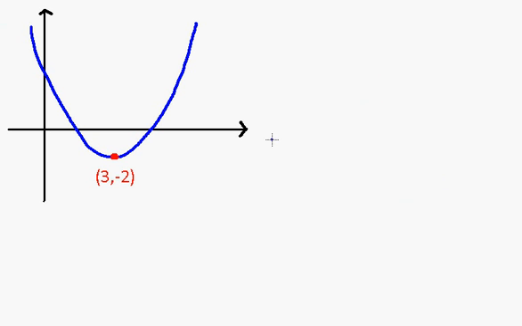So if I move on to the second one here, my second example, we're going to do exactly the same thing. We've got that y is equal to x squared has been translated. Okay, so it's been moved. And now I'm going to replace the y with y plus 2, because it has been moved to 3, negative 2.